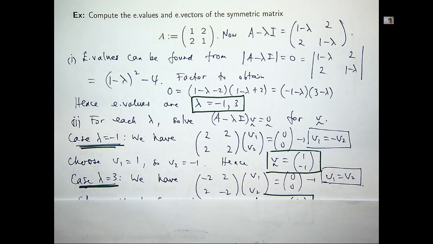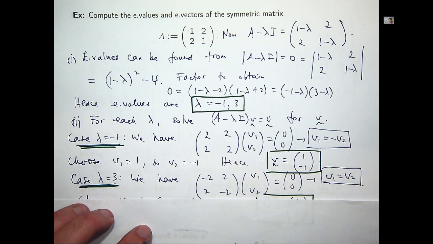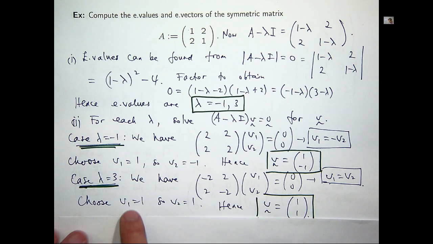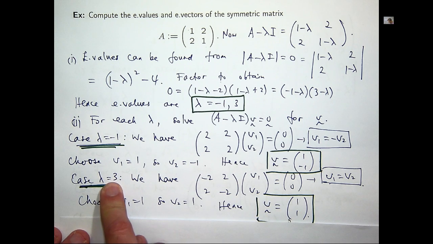So I can simplify that, and similar to the other one, I'll get a relationship between v1 and v2. Again, I'm just going to choose either v1 or v2 and then get the other one from that. I've chosen v1 equals 1, so v2 equals 1, and I get the eigenvector corresponding to this eigenvalue.